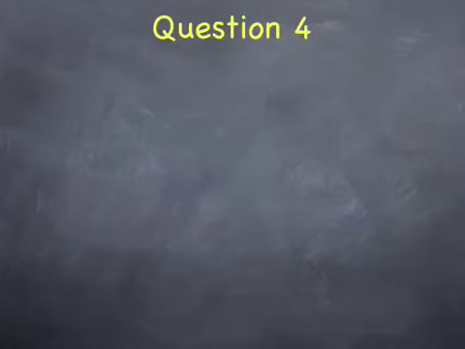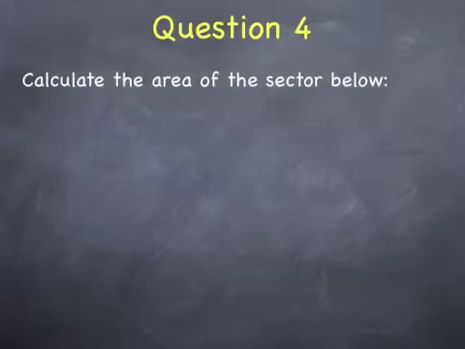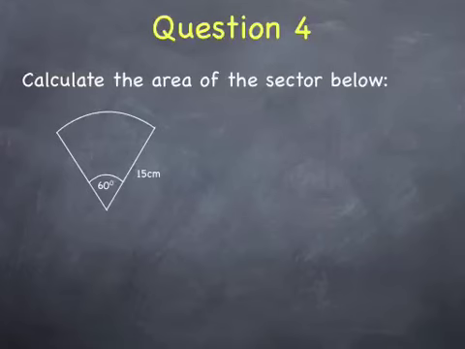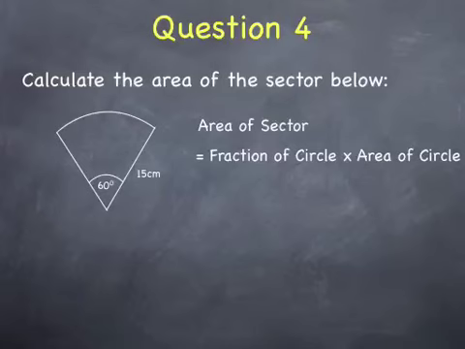Question 4, final question. The area of the sector below, there it is. Press pause and play when you're ready. Okay, similar to the last one, the area of a sector equals a fraction of the circle times the area of the circle. So the fraction of the circle, 60 degrees out of 360, times the area of the whole circle, pi r squared.